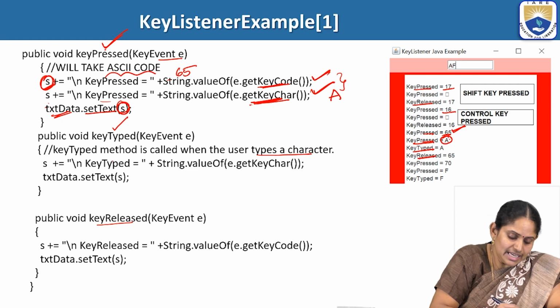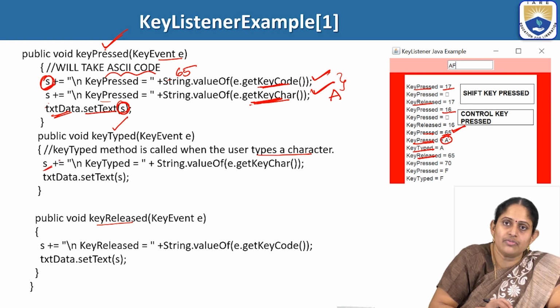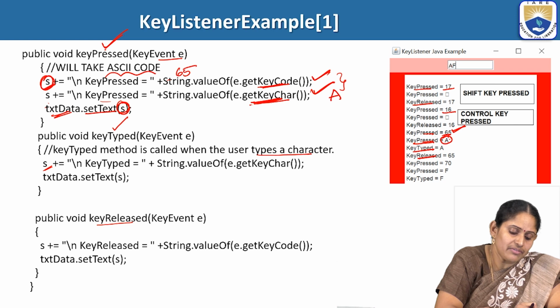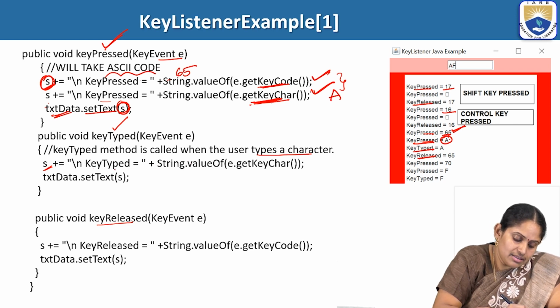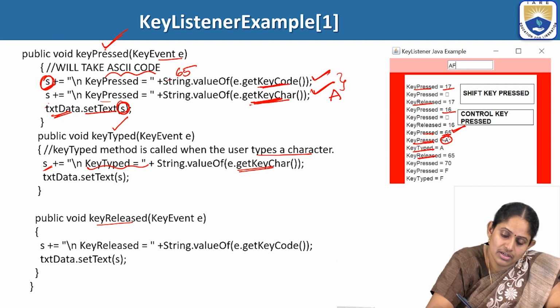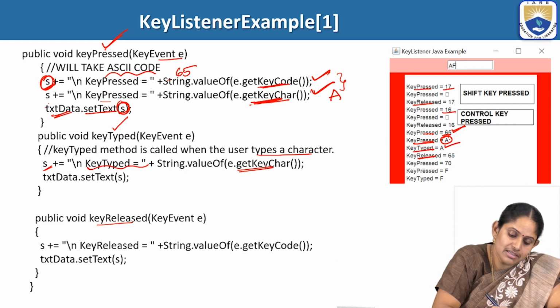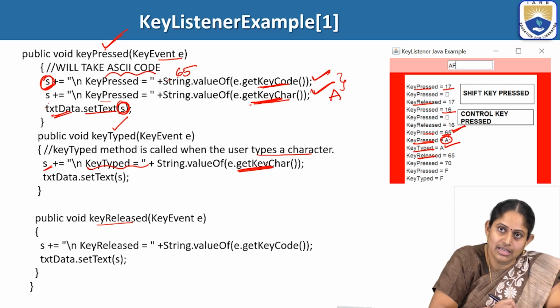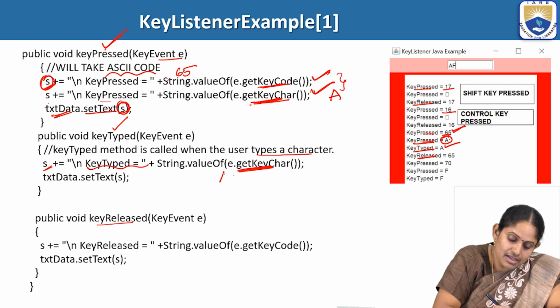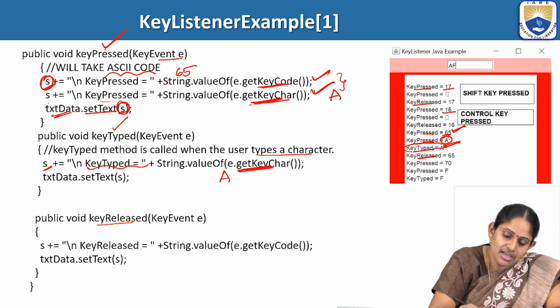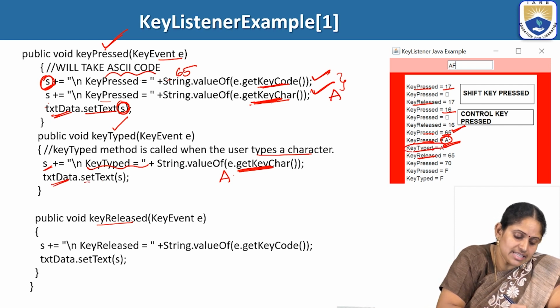When it invokes key typed, here also we are modifying the string. We are using a new string there, and that string will contain this message. Here also we have get key character, so it will display the value for key typed. The value A will be stored into the string, and then this message is written onto the text area.